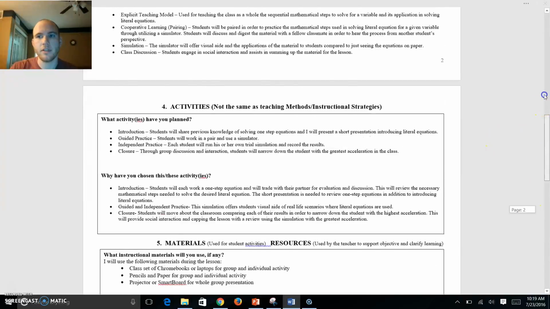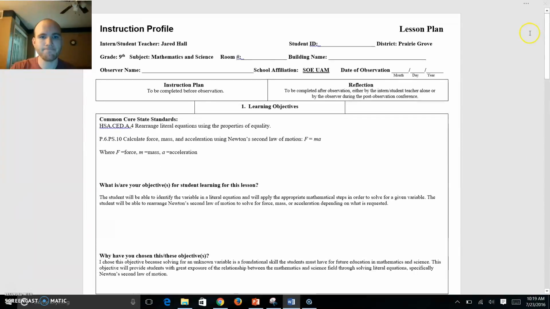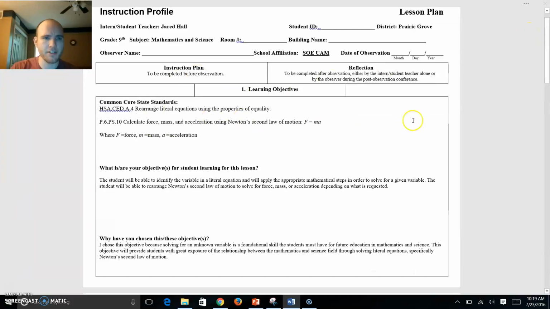I feel, like I said at the beginning, the standards harmonize so much better than the last two standards that I had picked. Like I said, I felt they were being forced together, and I was having to nitpick the physical science standard.